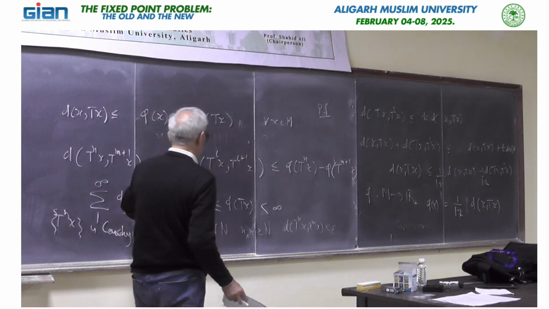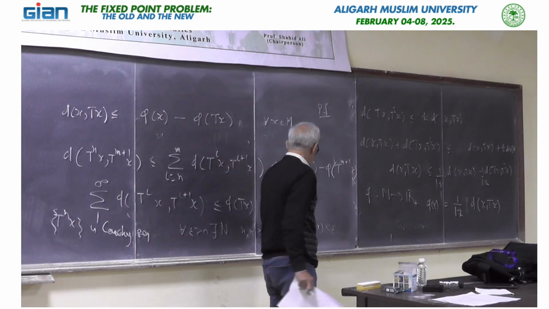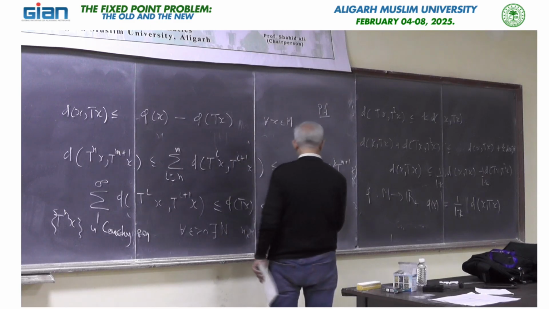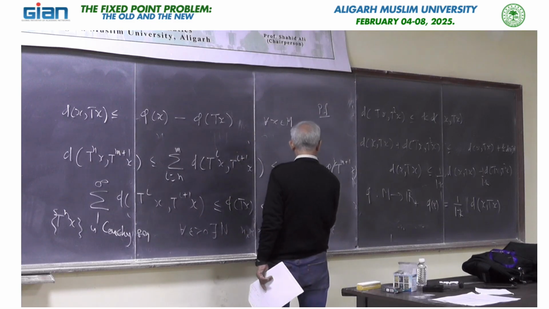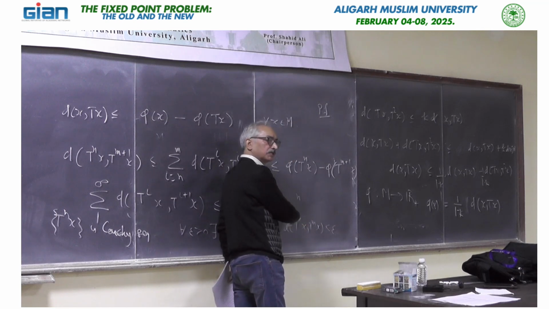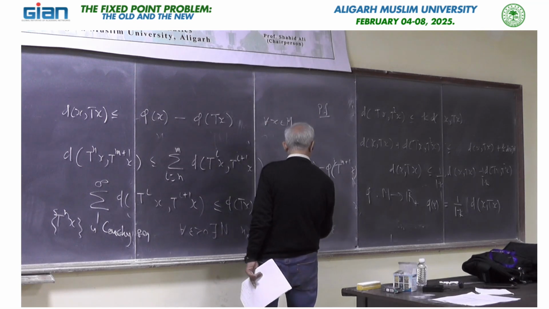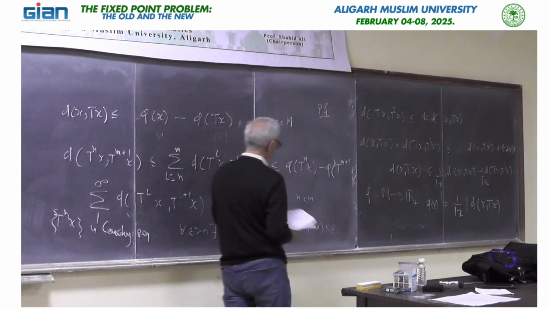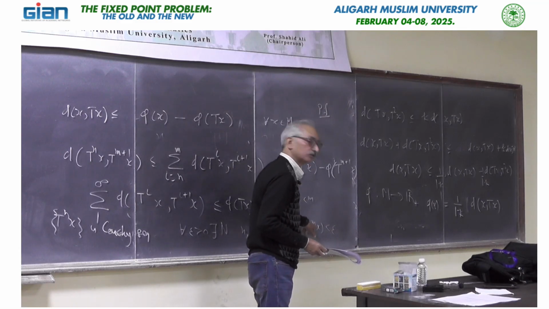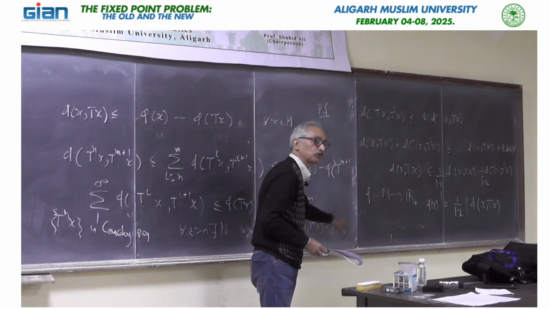Now, again you do that here. Let us suppose that this m is bigger. Without loss of generality, you can take m to be bigger than n. So, let us take like that, and then you do the similar thing here, T^n and T^(n+1) and go up to m.